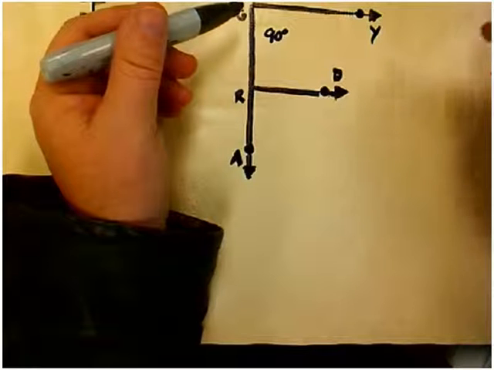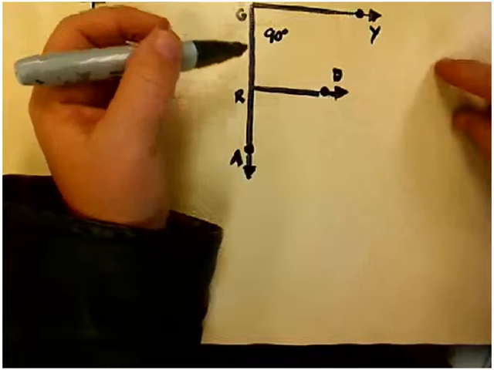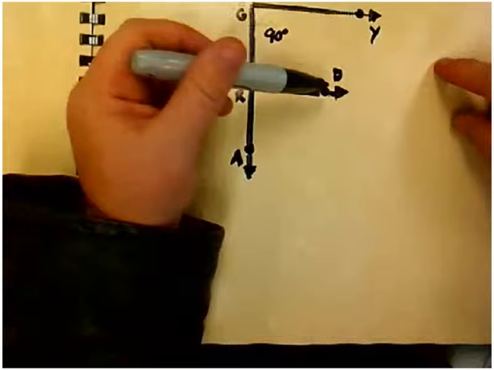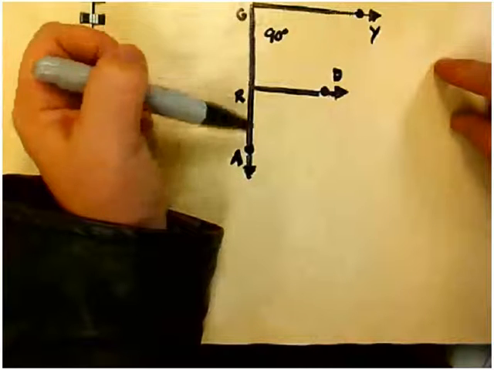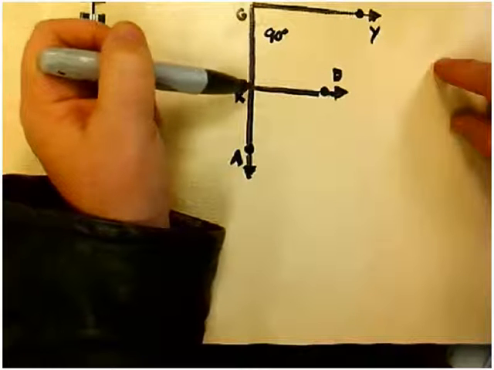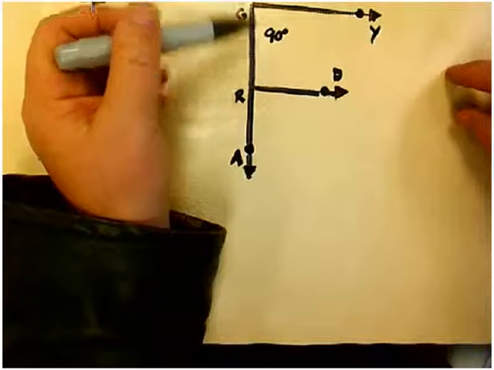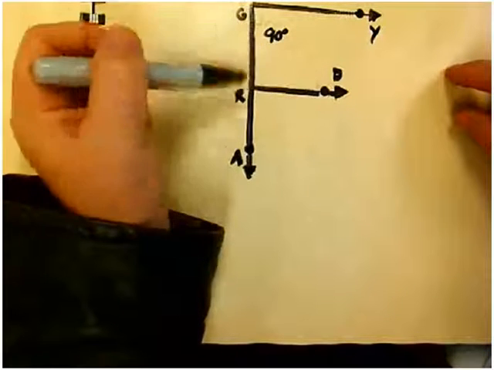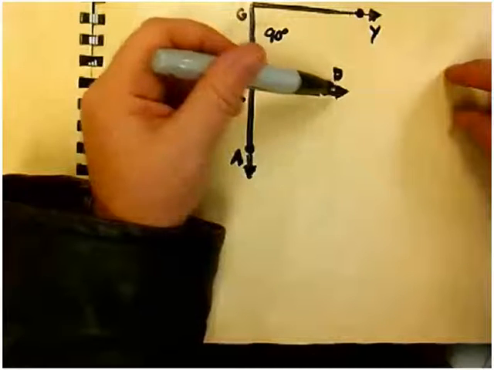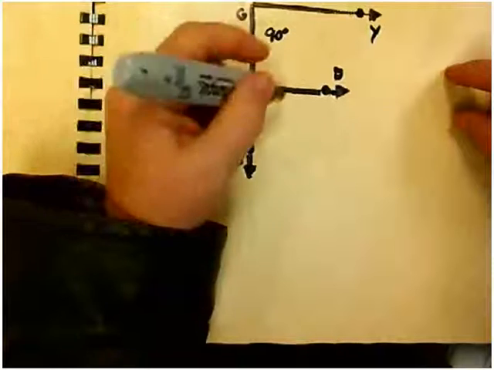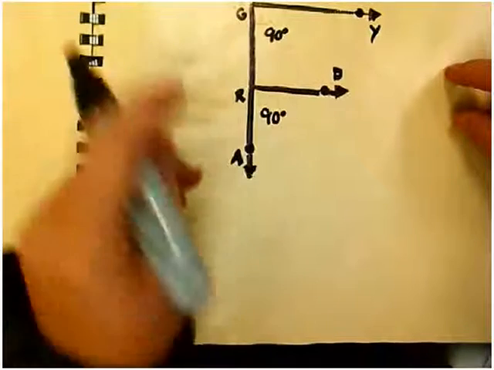It's 90 degrees. Then notice that directly below that is angle DRA. We can't name an angle R because R shares itself with DRG, so we just have to name it DRA or ARD. That's stating 90 degrees.